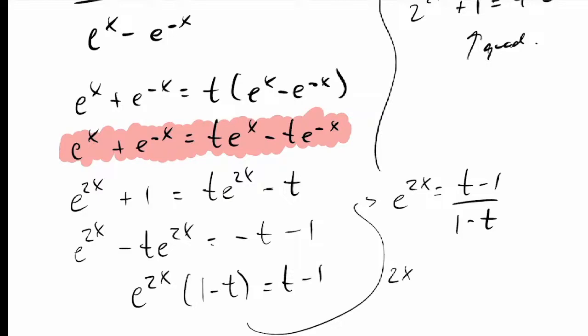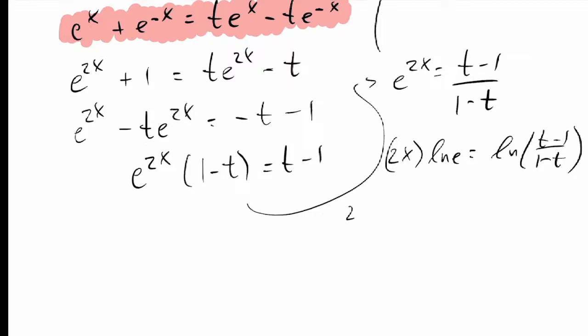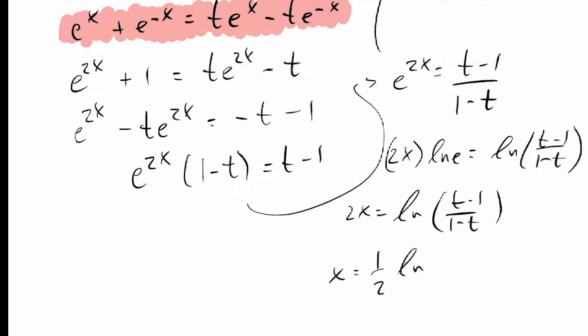And then we would take the ln of both sides. And we're done. So I'm getting x as a half ln of that 1 minus t.